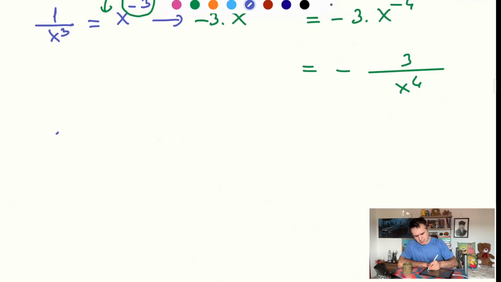Okay, next example was 1 over x to the 4, and again the same rule.